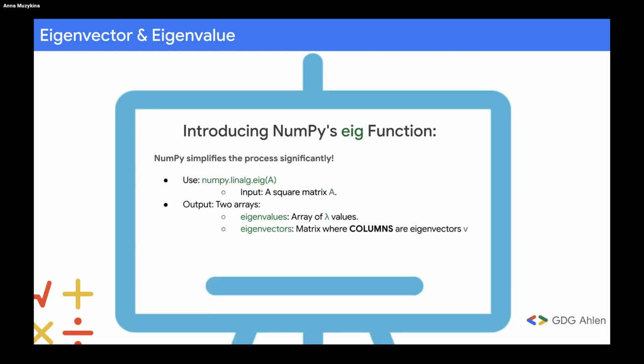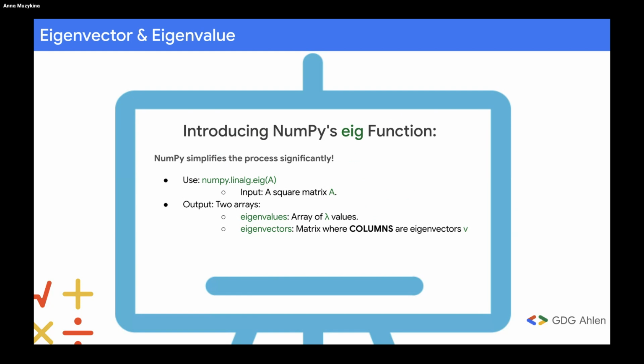Fortunately, we don't need to solve the characteristic equation manually in practice. NumPy's linear algebra module, linalg, provides a very convenient function, eig. The function call is typically np.linalg.eig of A, where A is the square matrix you want to analyze.